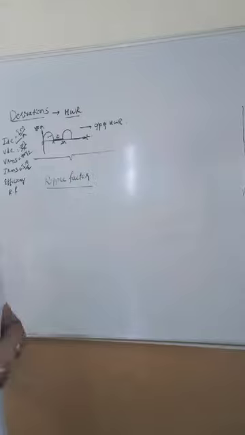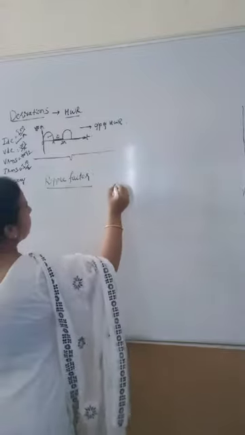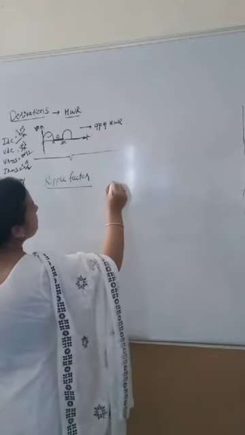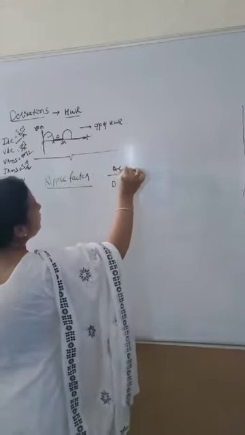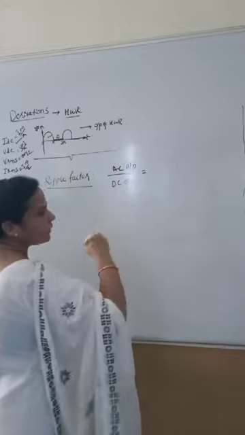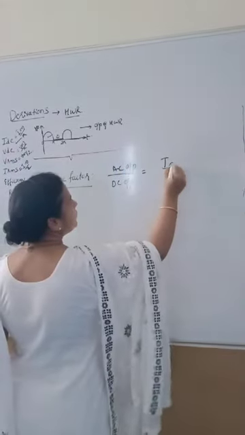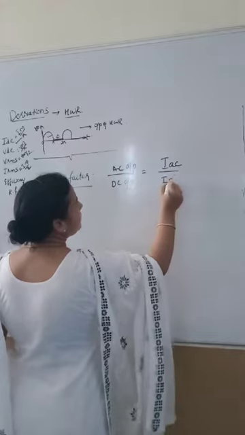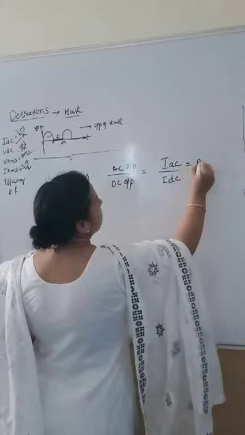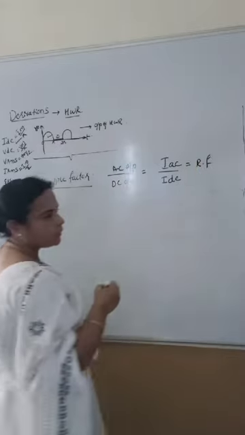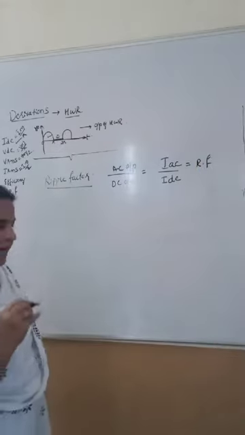Calculating that will be our ripple factor. So what is this ripple factor? Ripple factor is, in the DC output, how much AC output is there. If you take this in terms of current, it is going to be IAC divided by IDC. Ripple factor is equal to IAC divided by IDC.